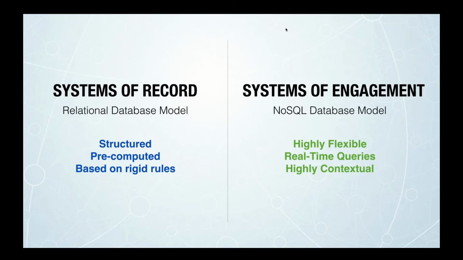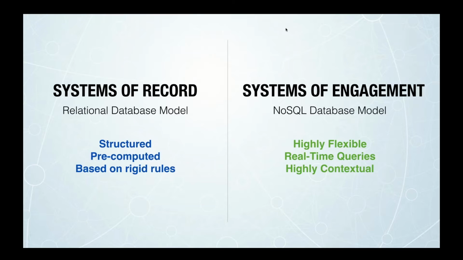So if we compare systems of record from the relational database model to the NoSQL world, which has been the response to this initial growth in data volume, what we see in systems of record are more structured data models with pre-computed things. So let's take recommendations, for example. We may need to batch compute product recommendations in a system of record because we simply can't do those in real time.